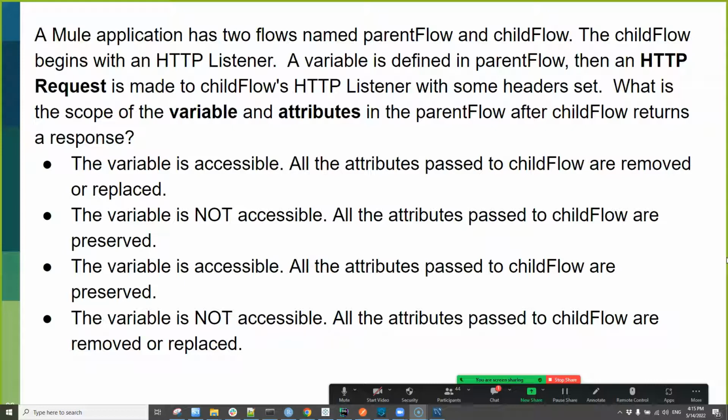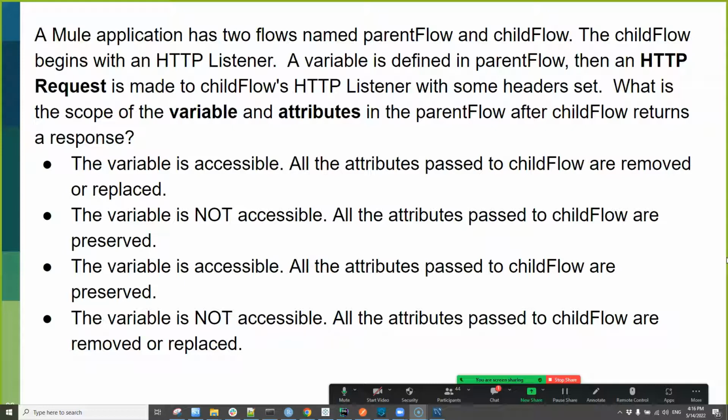Right. Yes. So this question, pay attention. What it is saying is, after the child flow returns a response, what's the scope of the original variables and attributes? The variable is unchanged, so it is accessible as is.